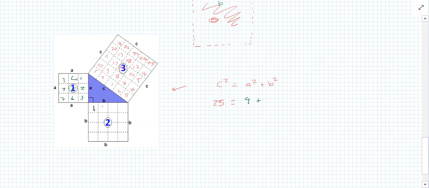We have 1, 2, 3, 4, 5, 6, 7, 8, 9, 10, 11, 12, 13, 14, 15, 16. So plus 16. If we add the two of these together, 9 plus 16 is equal to 25. So 25 is equal to 25. That's what Pythagoras noticed.